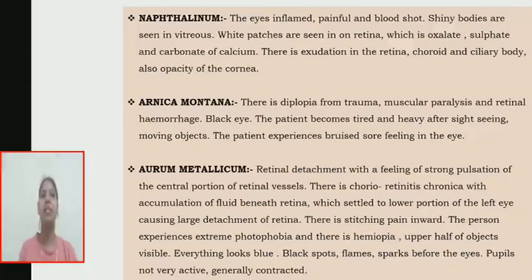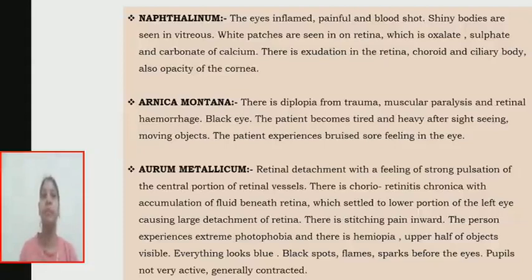White patches are seen on the retina, which are oxalate, sulfate and carbonate of calcium. There is exudation in the retina, choroid and ciliary body, also opacity of the cornea.